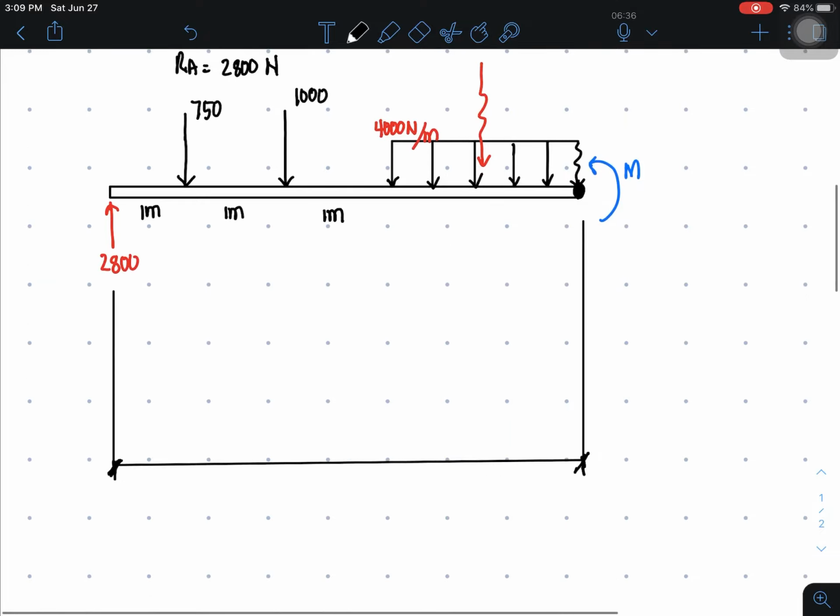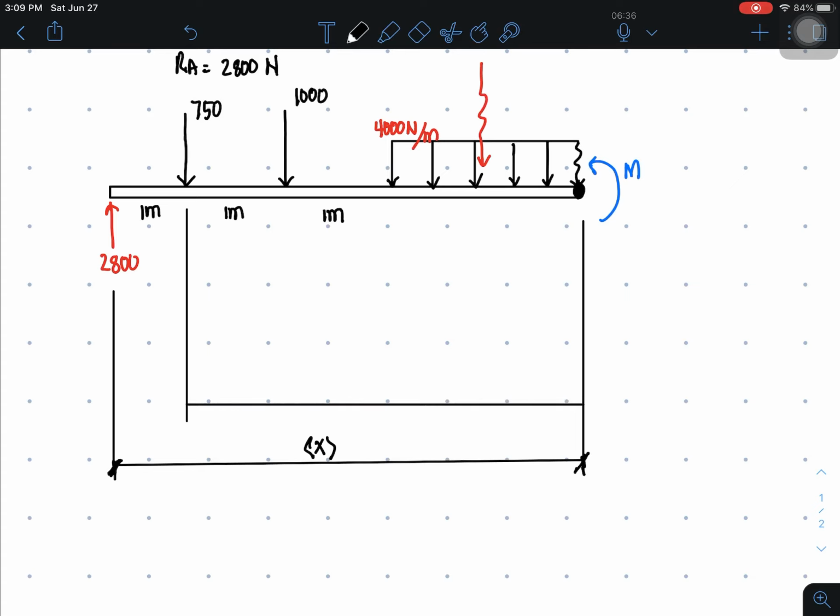So I'll have here function of x. Next, for this one, this is x minus 1.